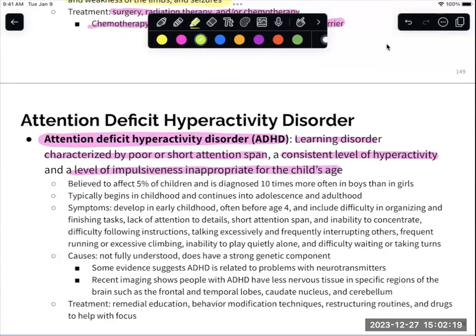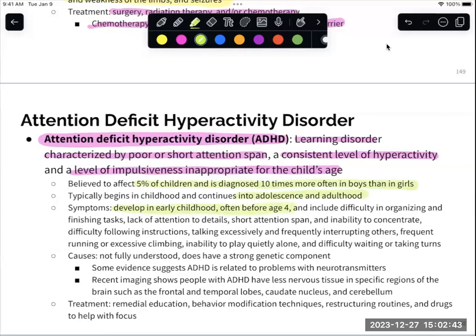It's usually diagnosed in children. It is thought that 5% of children have ADHD. Boys are usually diagnosed more than girls. It usually begins in childhood and continues into adolescence and through adulthood.